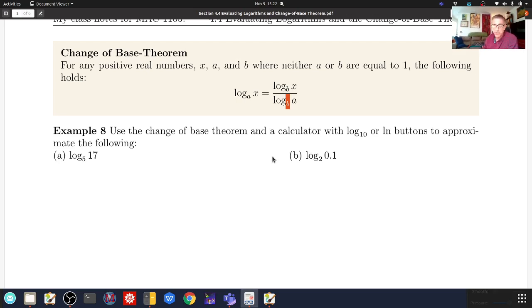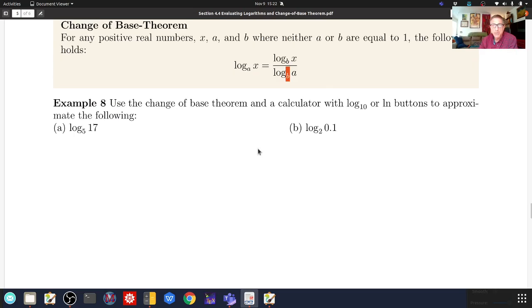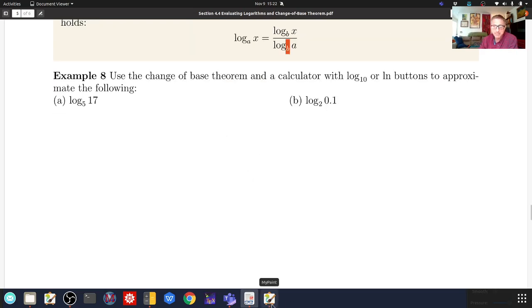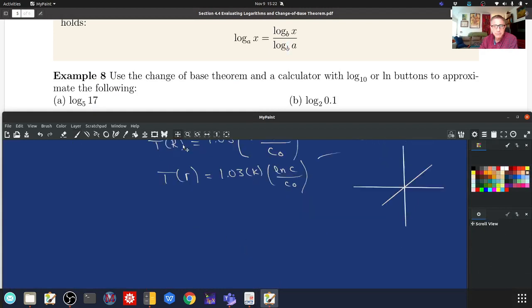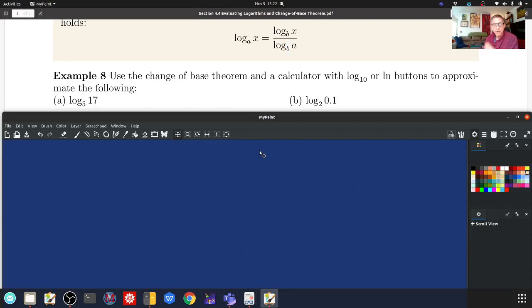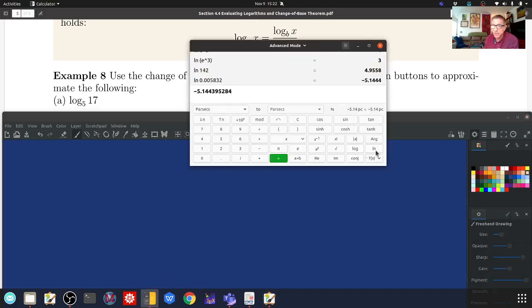So I'll just show you how to do this with 2 examples. How is that? So I want to find log to the base 5. And the only way I can find log to the base 5 is to use the change of base theorem, because I only have log to the base 10 and log to the base e. But I want to know what log to the base 5 is.